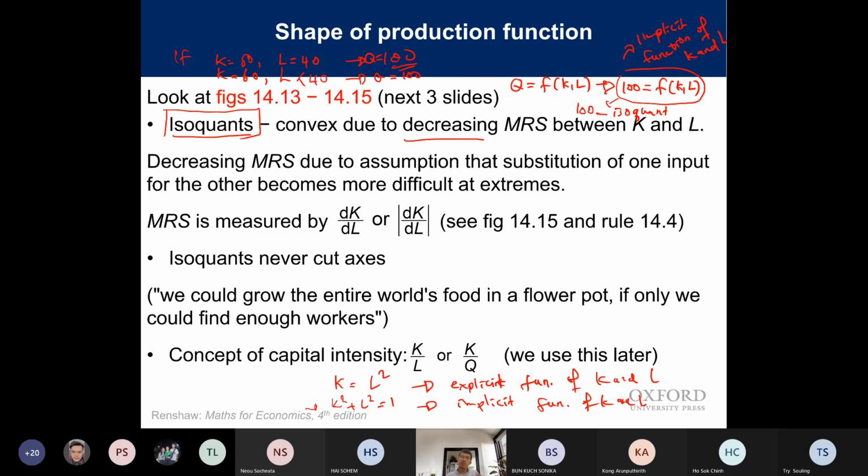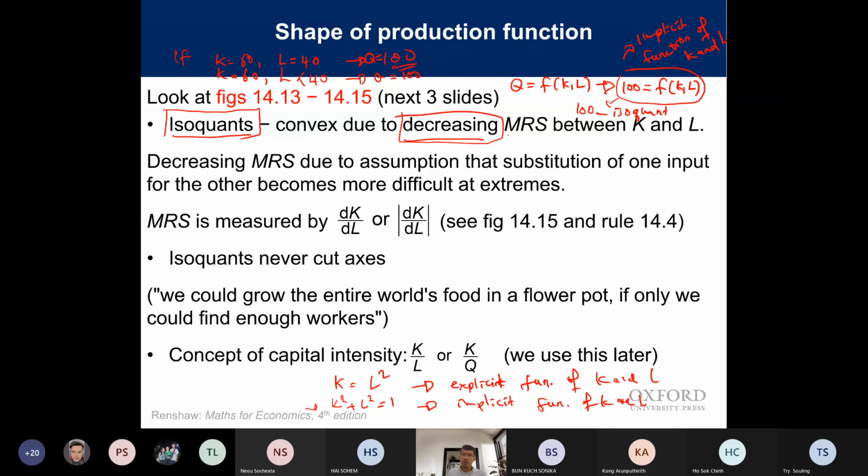Or in other words, if you buy more machines to operate in your production, you're going to recruit fewer people, or just fire more workers. Okay, this is the meaning. So this means that the isoquant is a increasing function, right? Sorry, not increasing, decreasing. I'm sorry, decreasing.